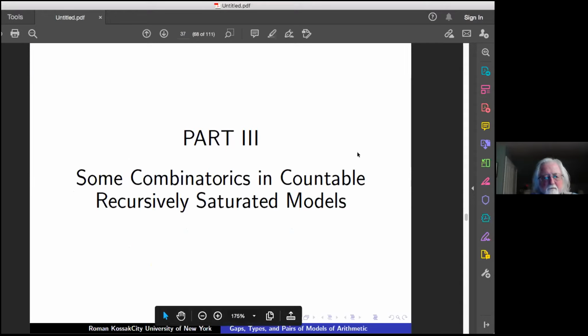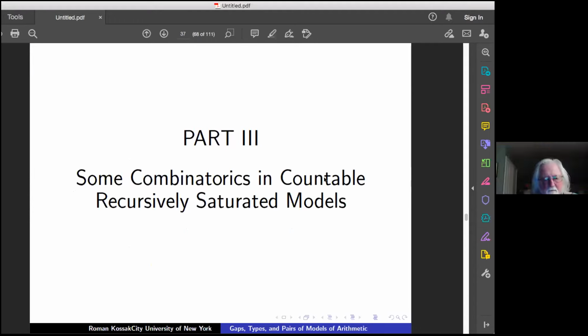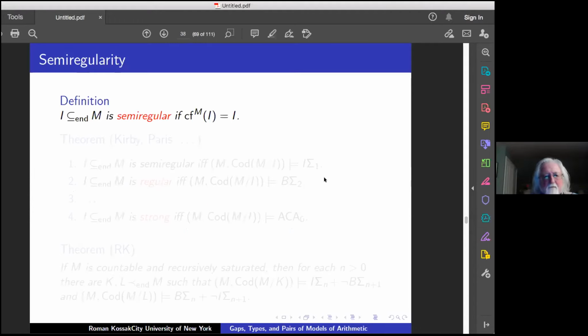Okay, so now back to the countable recursively saturated case, with some combinatorics.